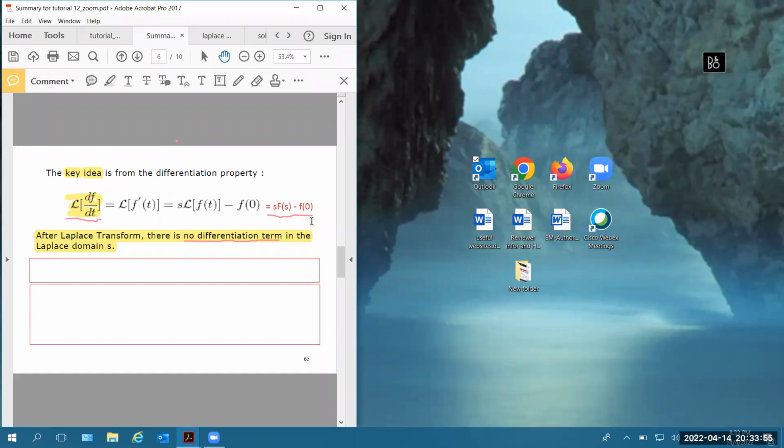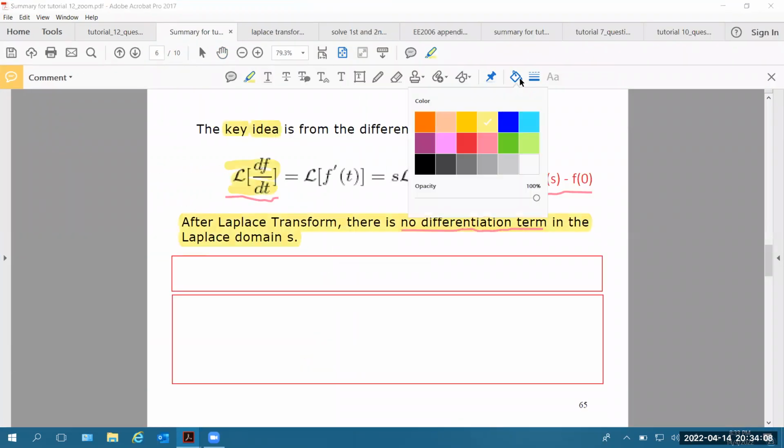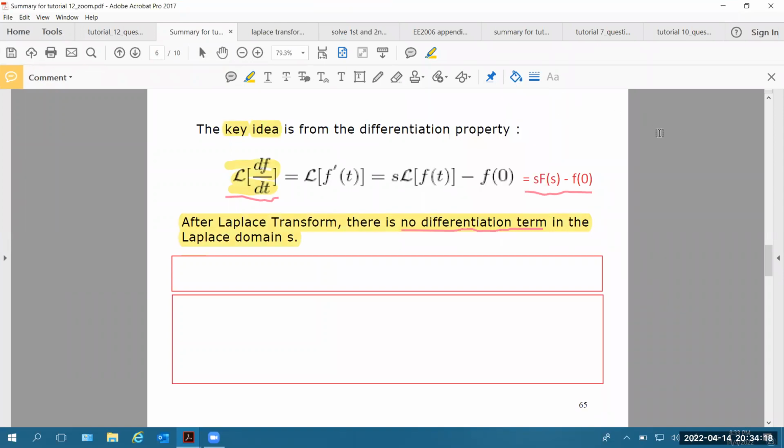From this formula, we can see very well that if you have a derivative term, for example f prime of t, after Laplace transform this is what you have: s F(s) minus f(0).